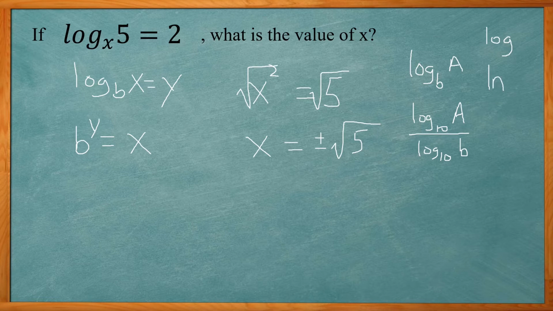So in this case, you can't take log base 10 of negative square root of 5, because you can't take a logarithm of a negative number. So in this case, only the square root of 5 would work out.